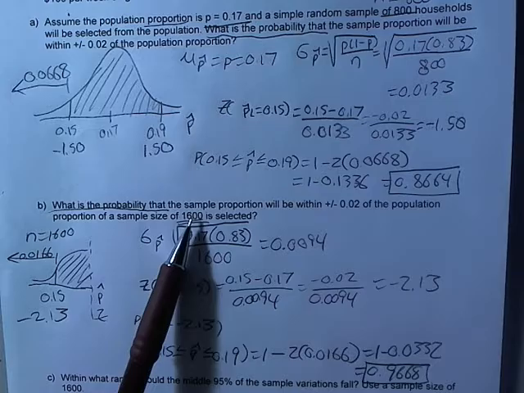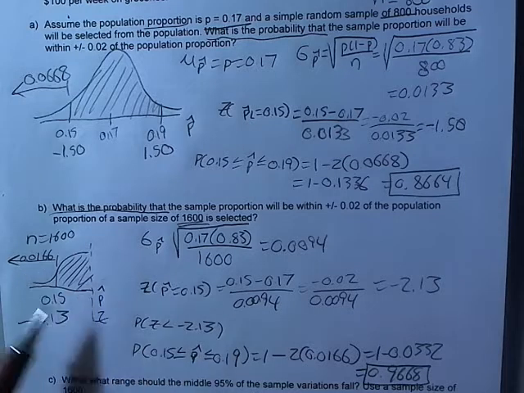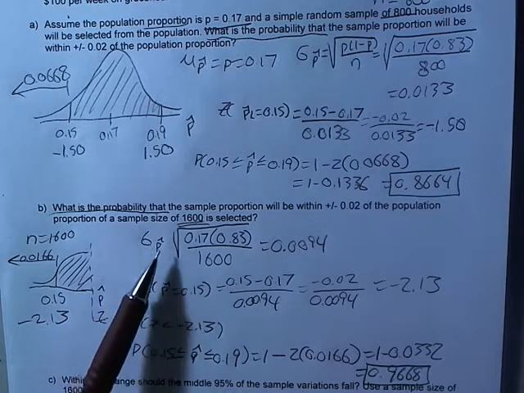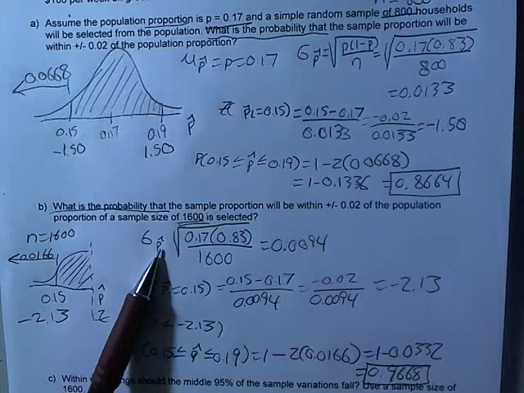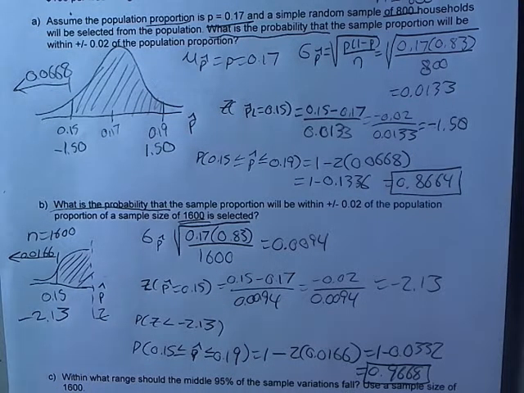In part B, increasing sample size raised that by approximately 10%, and now 96% of all possible sample proportions of size 1600 fall within the boundaries.